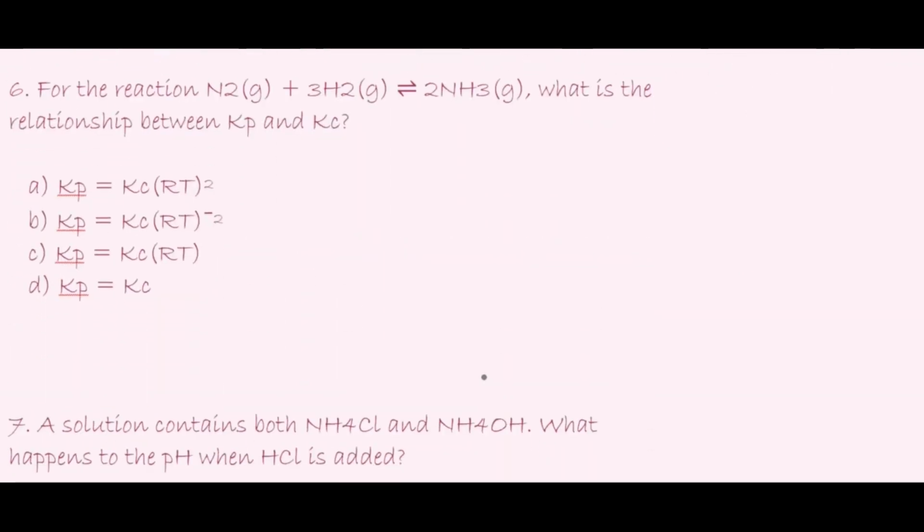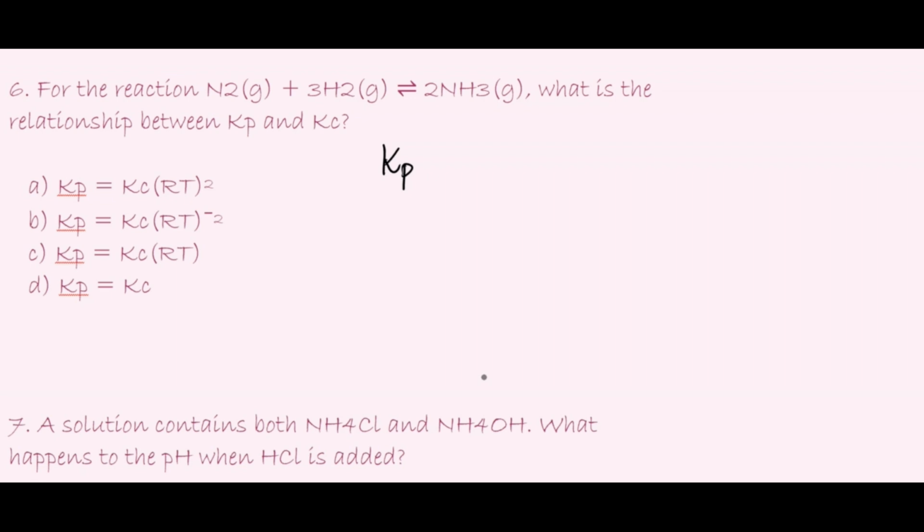For the reaction N2 plus H2 gives ammonia, what is the relationship between Kp and Kc? This part is very important. I missed including it in the formula, I'll include it in the formula sheet. Don't worry. So the Kp-Kc relationship.